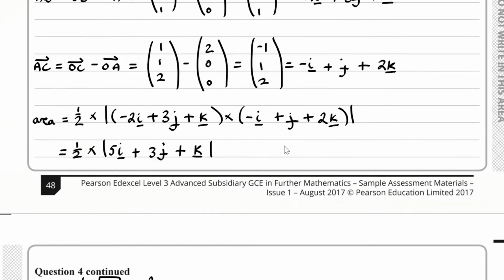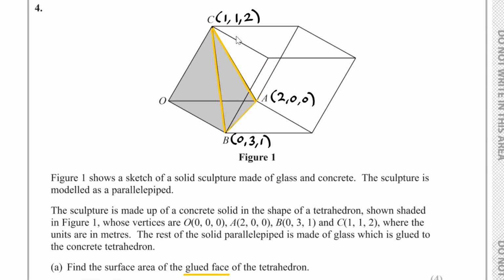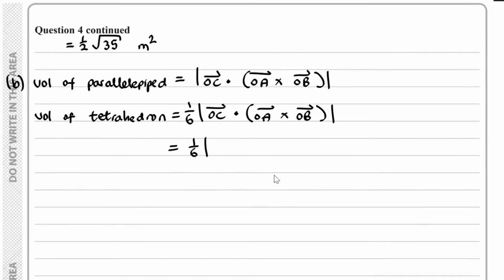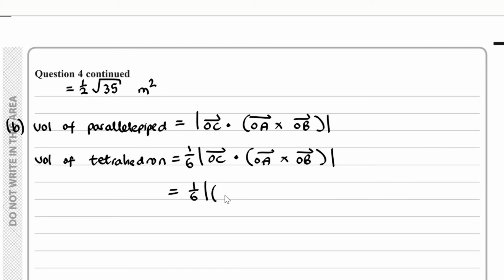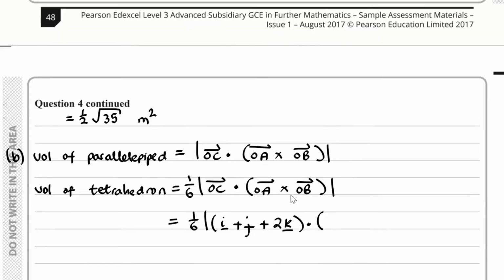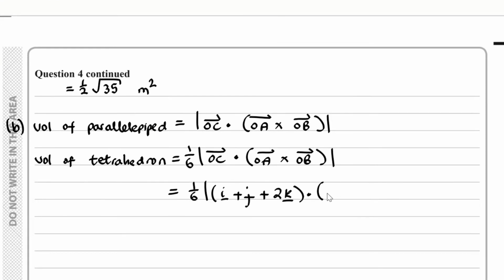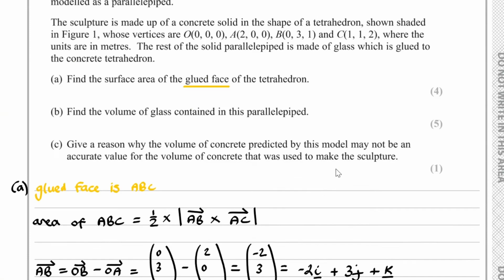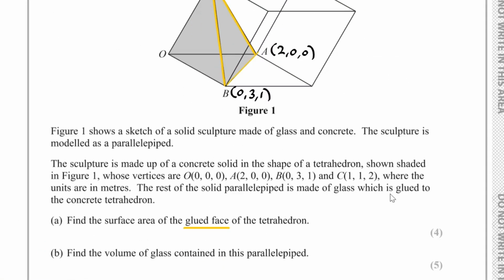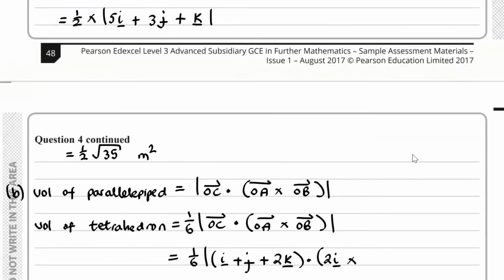Now the vector OC is equal to 1, 1, 2, so we have i plus j plus 2k, dot product with the vector OA, which is 2i, multiplied by the vector OB, which is 0, 3, 1, so we have 3j plus k.